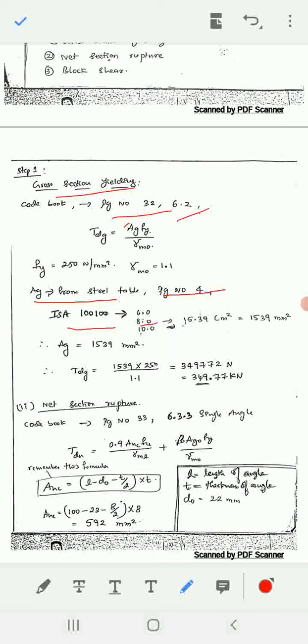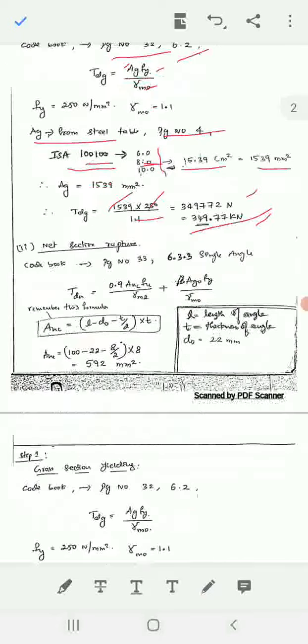Again, if you have a doubt, you can contact me. In IS 808, there will be thicknesses given like 6, 8, 10. So for 8 mm, along that you will get area in the second column, that is 15.39 centimeter square, or 1539 mm square. We need it in mm square. 1539 into fy is 250, then gamma m naught is 1.1. You will get the result in Newton; you have to convert into kilonewton by dividing by 1000.